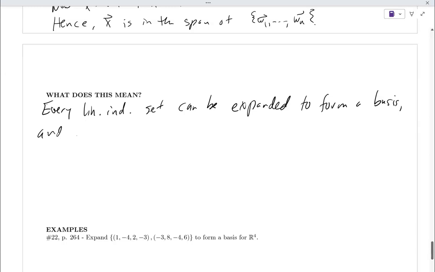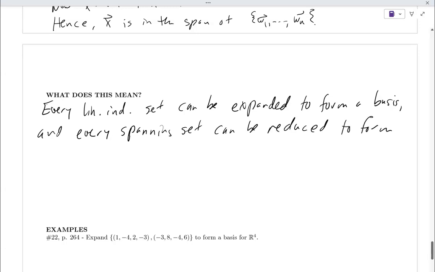And every spanning set can be reduced to form a basis. That's what the plus minus theorem allows us to do.